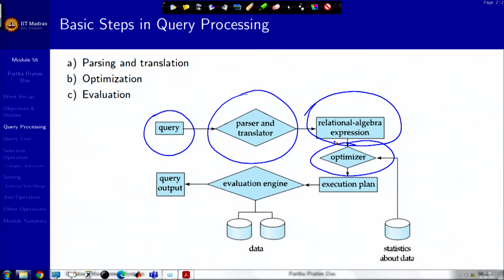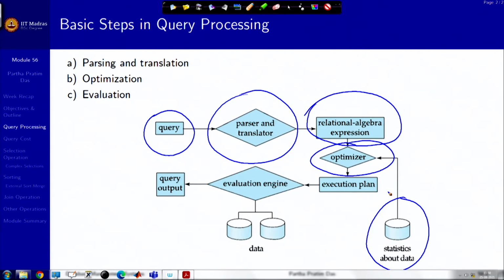So, through the optimization, we finally come up with an execution plan which talks about what are the different steps to be done in terms of the B plus tree indexes and all that to actually execute the query. And the optimization takes good guidance from the statistics about data.